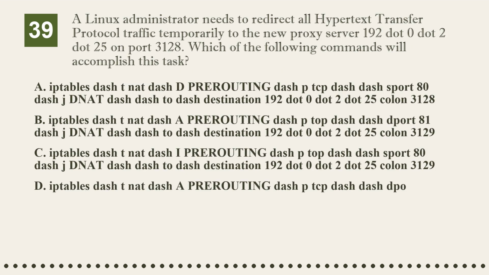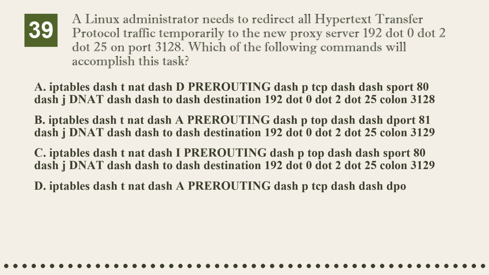Question 39. A Linux administrator needs to redirect all hypertext transfer protocol traffic temporarily to the new proxy server 192.0.2.25 on port 3128. Which of the following commands will accomplish this task?